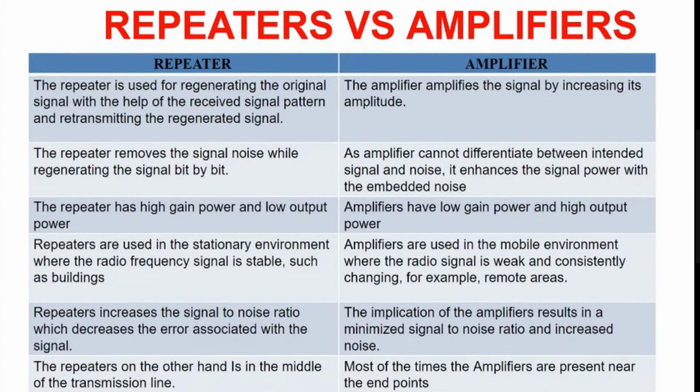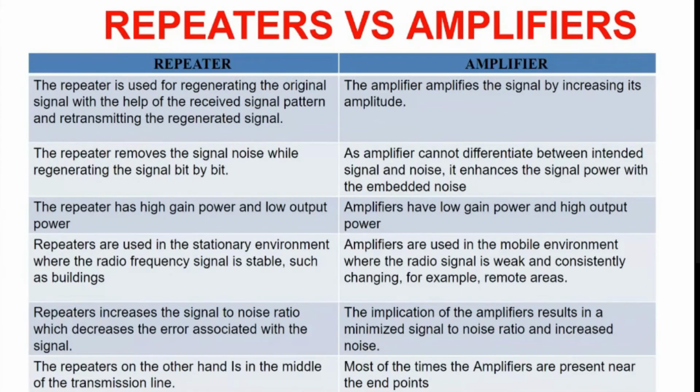That is one of the advantages of using repeaters. Then on the amplifier side, the signal is increased, but the noise ratio is also increased, because it just boosts up the connection signal. So that is what happens.